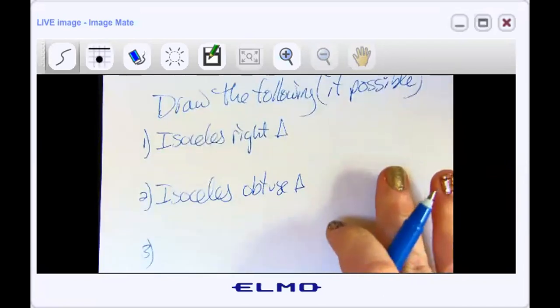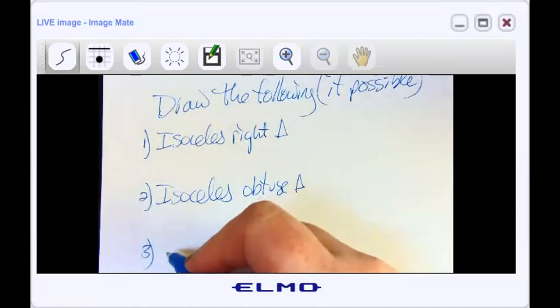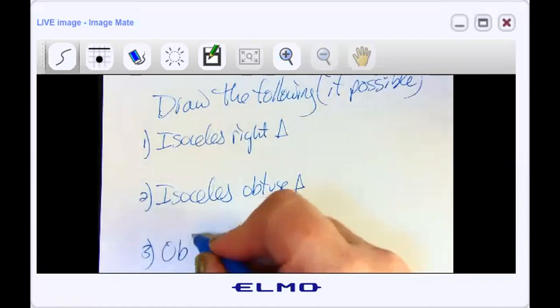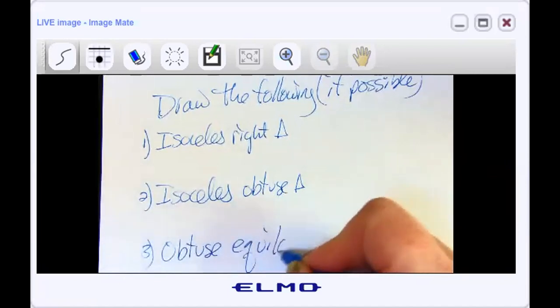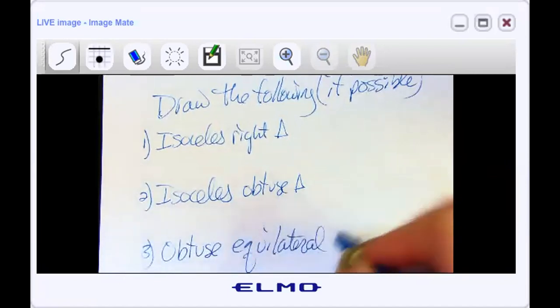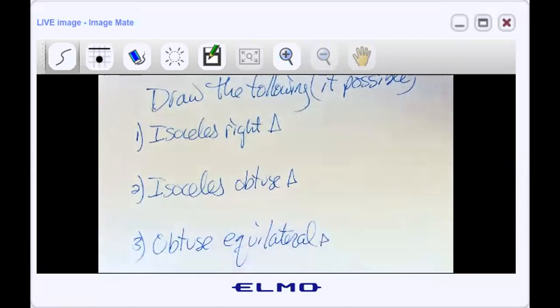And let's go with an obtuse equilateral. Try and draw for me these 3 triangles, please. Just do a little sketch.